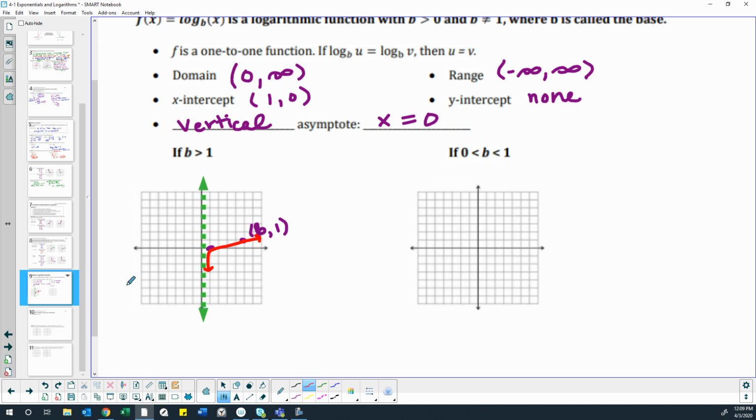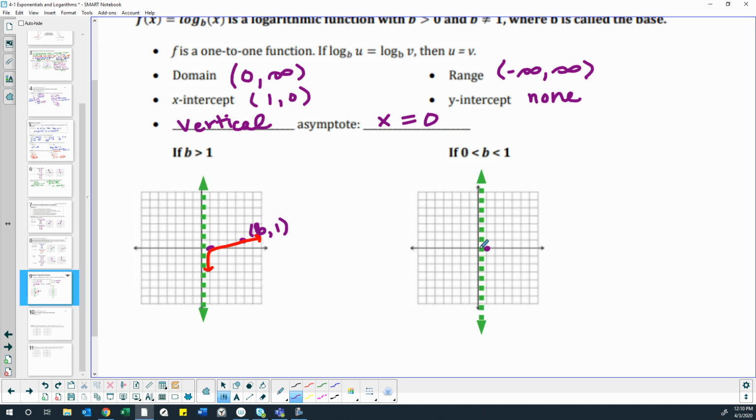That's typically what we're dealing with. We don't usually deal with bases that are fractions, but just in case we have a reflection, let's go ahead and throw our asymptote in there again. And we've got our intercept at 1, 0 again. But this time, because of the fraction, it's going to be flip the fraction over to get the number and then go down 1.